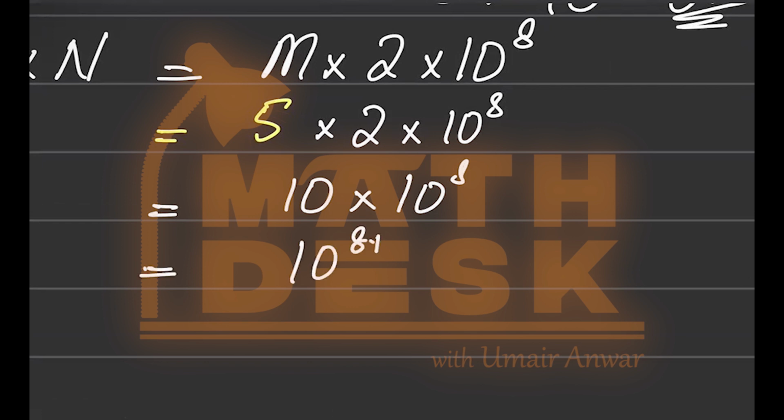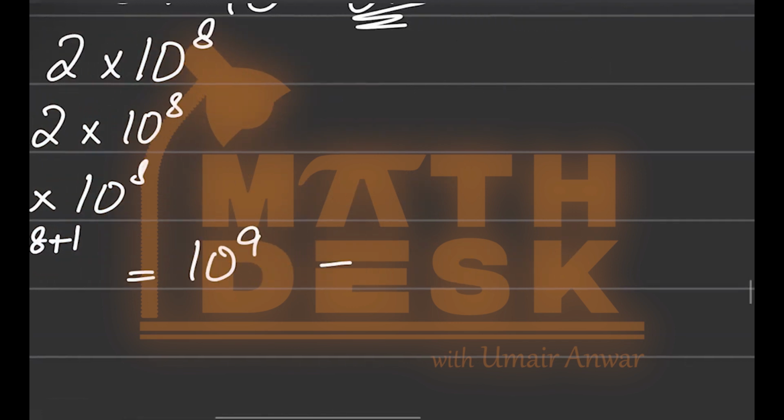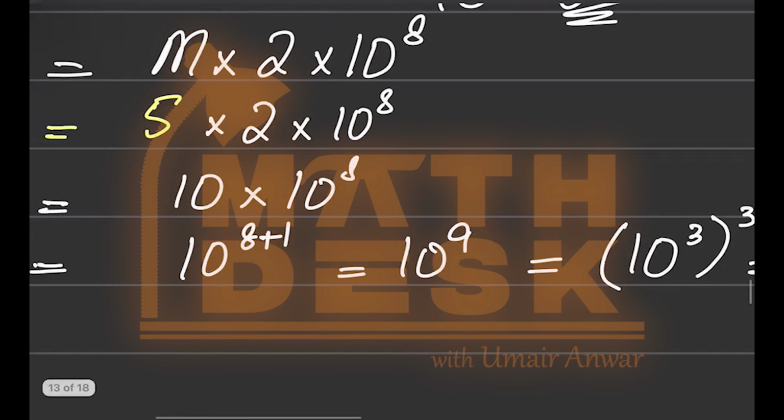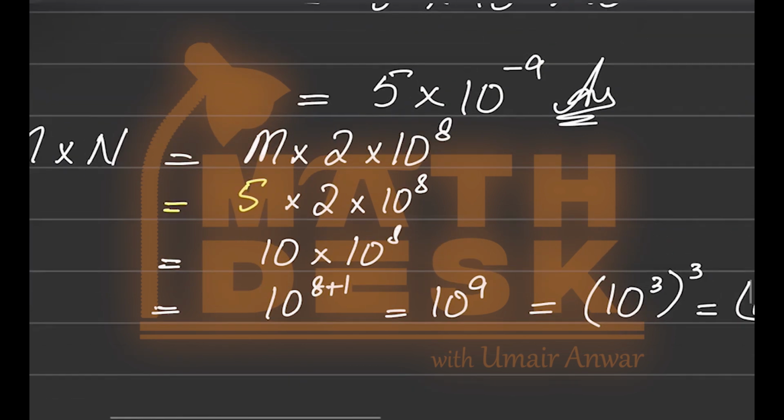It would become 10 raised to 9, and 10 raised to 9 is basically 10 cube raised to 3. So it is the cube of 10 cube, or I could write it as the cube of 1000. So it means that the minimum value that we need to use in place of m is 5. So m is equal to 5 is the answer for this part.